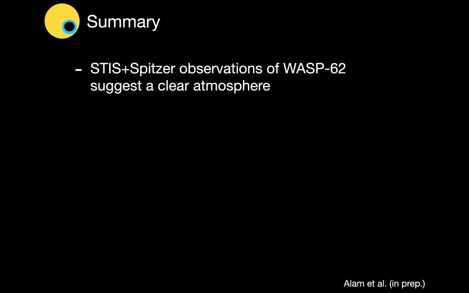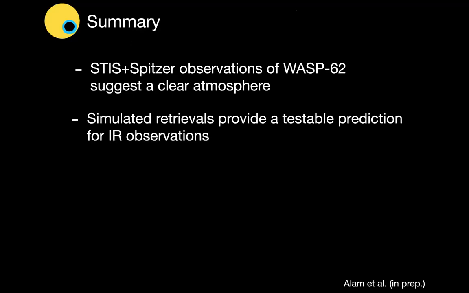And so to summarize, from the STIS plus Spitzer observations that we have in hand for WASP-62b, we have evidence for a cloud-free atmosphere, although we currently don't have the near-infrared observations to confirm this. But we performed some simulated retrieval exercises to assess the precision with which it would be possible to detect different species with JWST, with a particular consideration for silicon-bearing species.